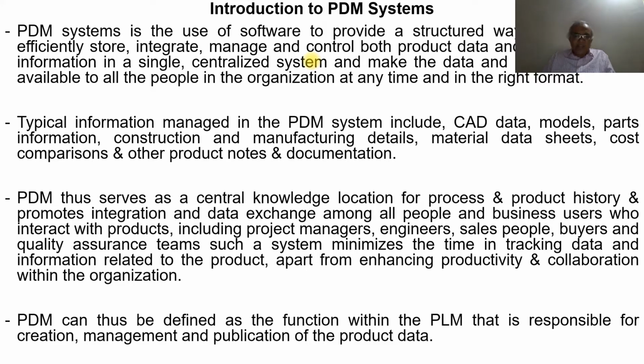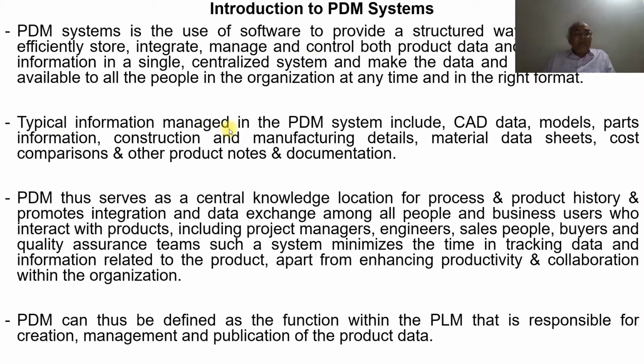The right format means, suppose you are using a CAD format, we are going to have the DWG file, or if you are going for any data related to the product, it may be a document file. So like that, we are going to have different formats, and they should be readily available.